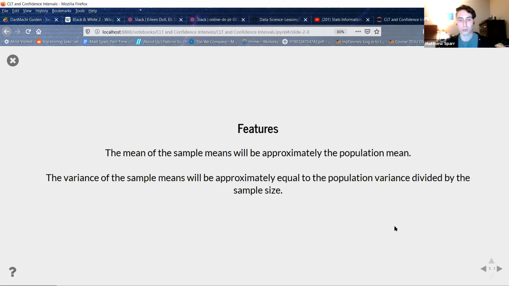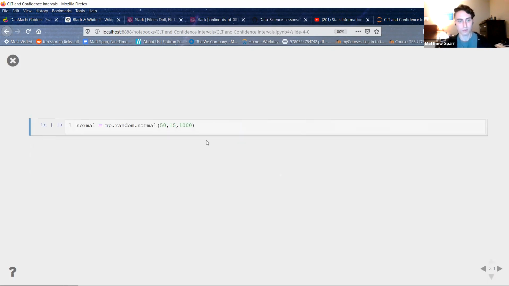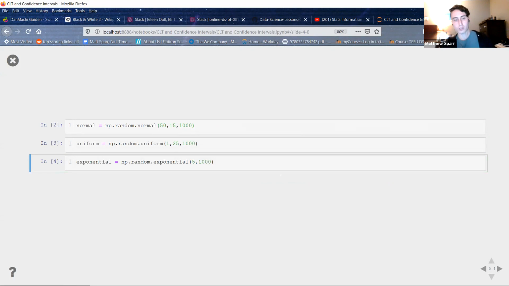To show how that works, we'll import some libraries here. And then we're going to create 4 different distributions of different shapes and sizes. We're going to do a normal one, a uniform one, an exponential one. Just to give you an idea, an exponential distribution is related to the Poisson distribution.